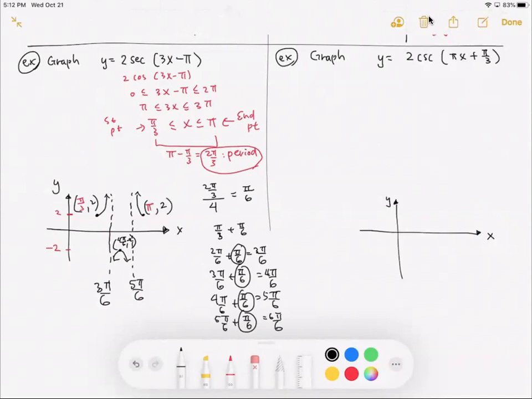Now let's look at the graph of y equals 2 cosecant of pi x plus pi over 3. I'm going to use the sine graph in order to graph our cosecant graph. So first step, I'm going to set what's inside of the parentheses between 0 and 2 pi, subtract pi over 3 on both sides, and divide by pi on both sides.